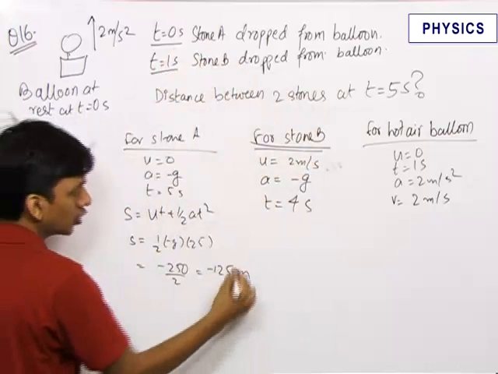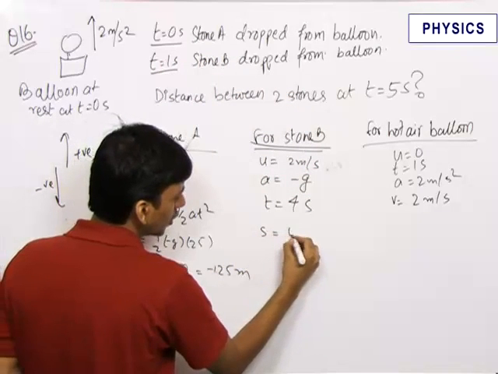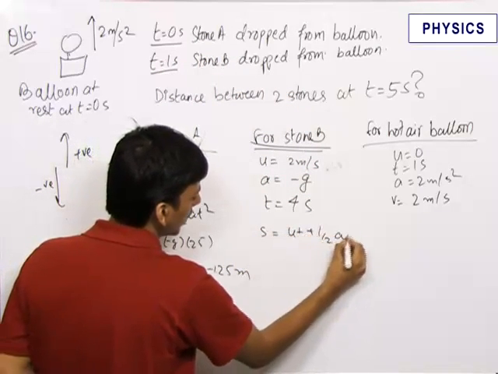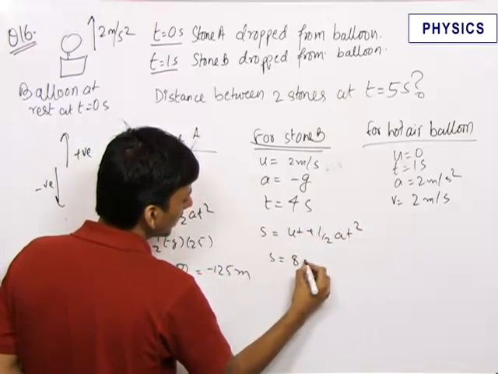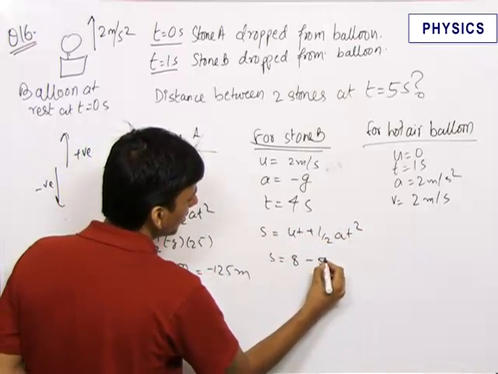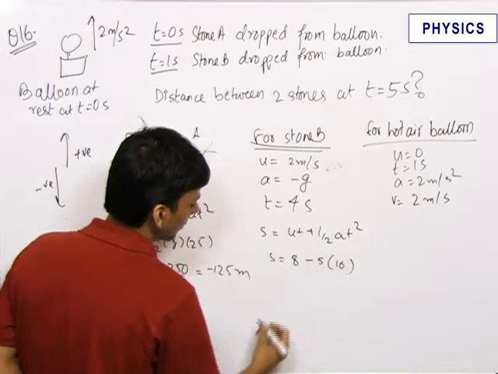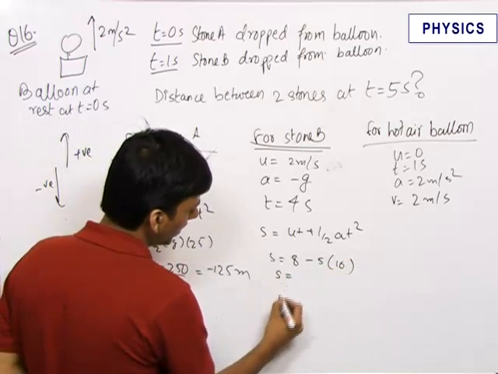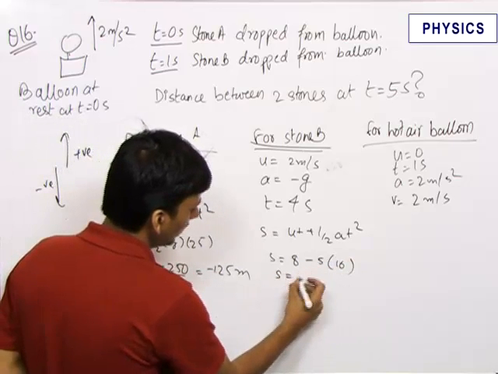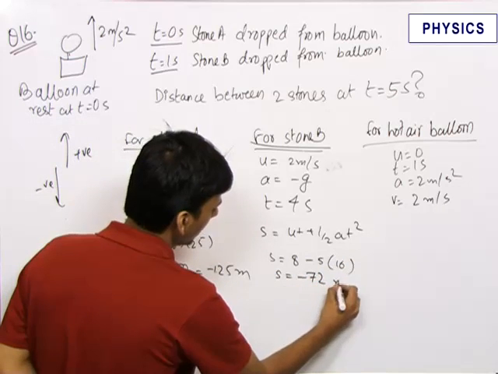So the displacement is equal to ut plus half at squared, that is displacement is equal to 8 minus 5 into 16. So the displacement comes out to be 80 minus 72 meters.